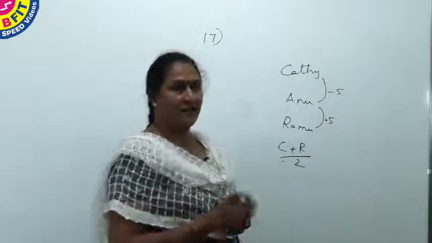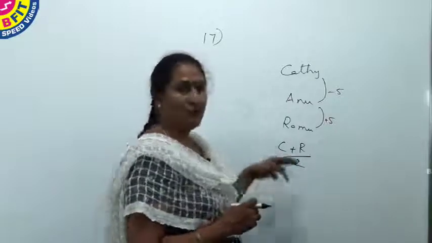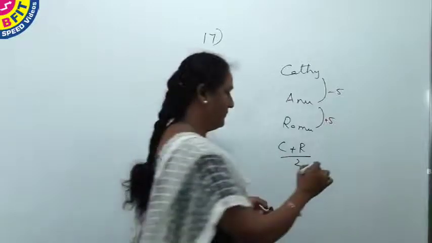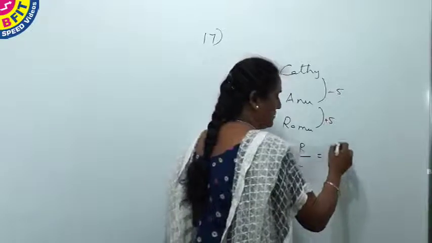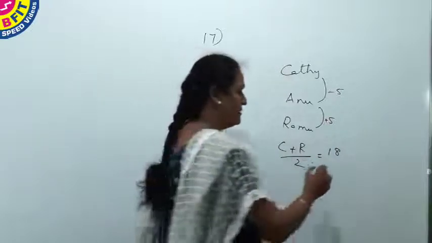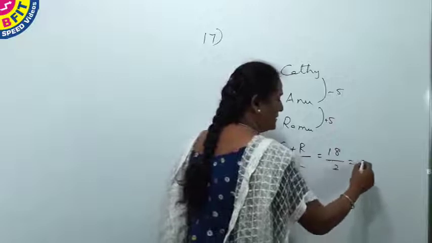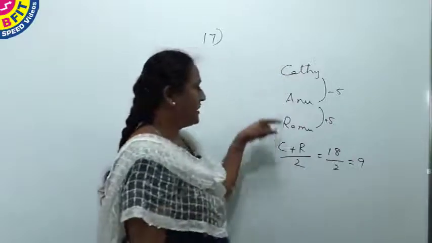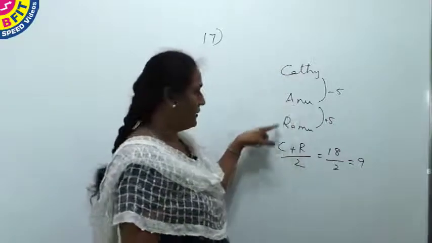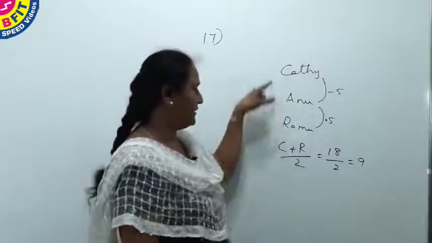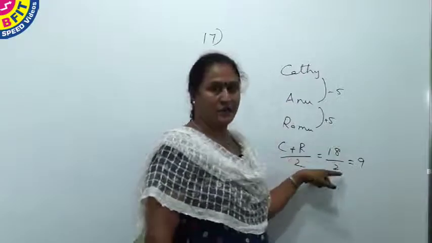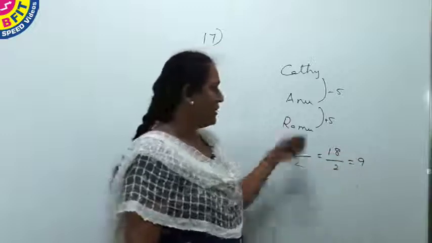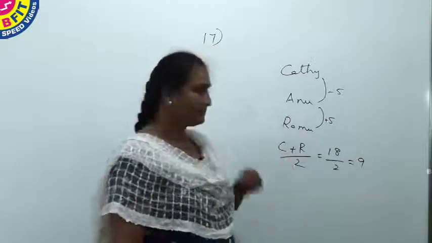Here we have the data that the sum of ages of Ramu and Kathy is 18. So dividing by 2, that is 9. As Anu's age is in the middle, Anu's age is the average age of Kathy and Ramu, which is 18 by 2 equal to 9. So Anu's age is 9.